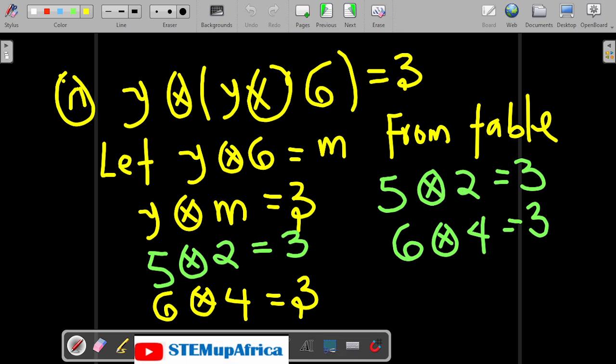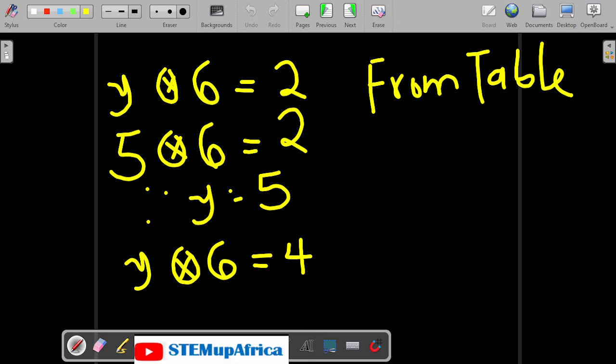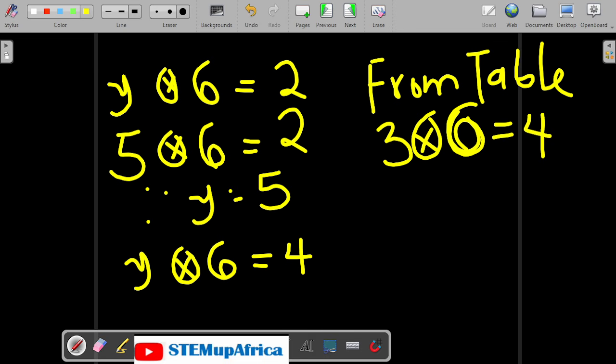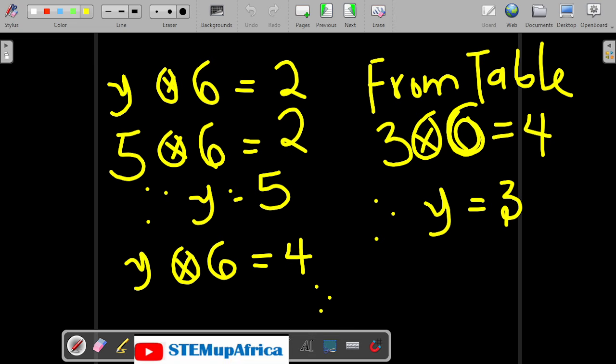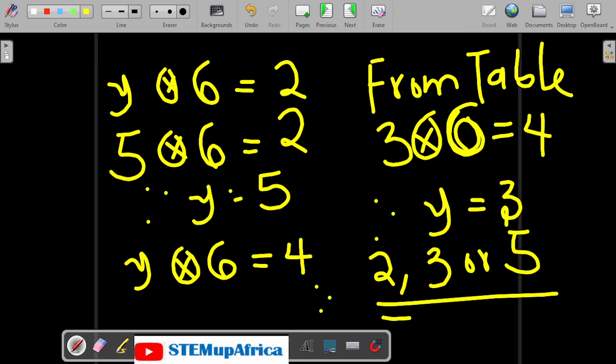So I'm going to have from the table 3 times 6, the result is 4. So if I compare, it just means that my y could also be 3. So the set now, when m is 2 and 4, y could be 2, 3 or 5. These are the set of numbers as far as question 1 is concerned.